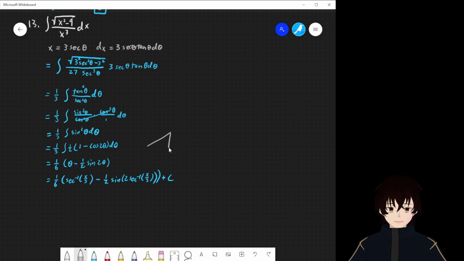If I were to draw that triangle again, hypotenuse over adjacent is x over 3. Is x squared minus 9. Sine of 2 theta. How would I know what sine of 2 theta is?